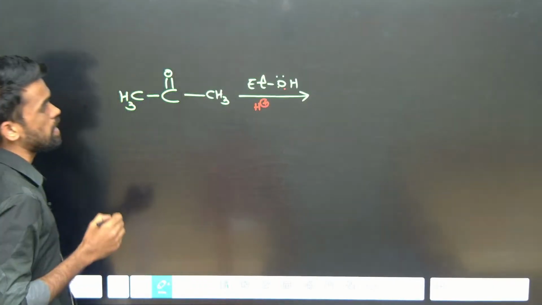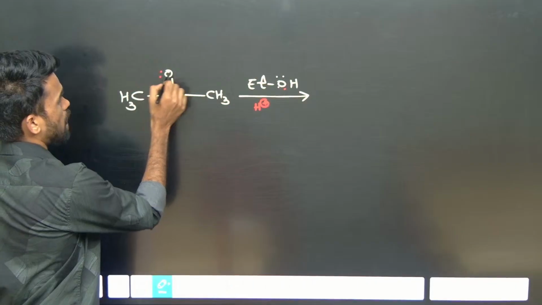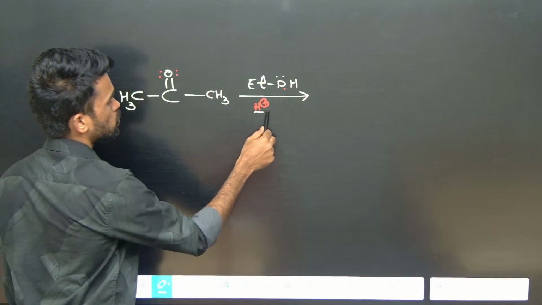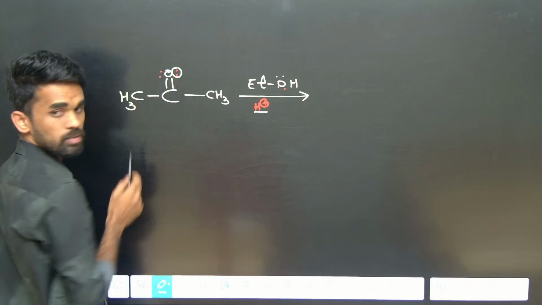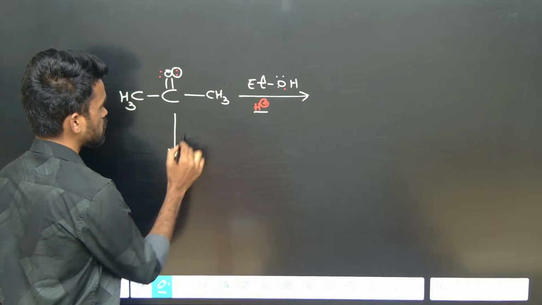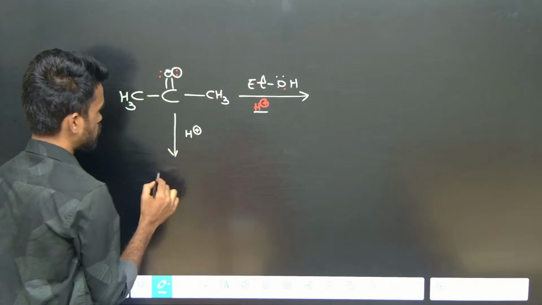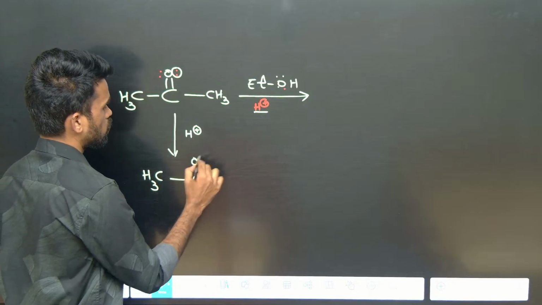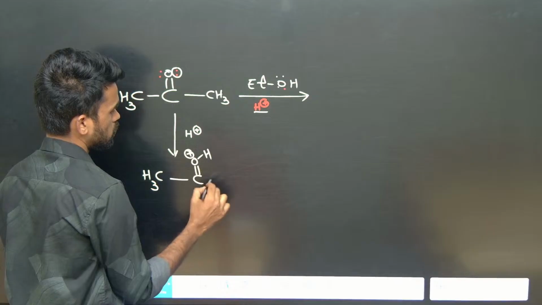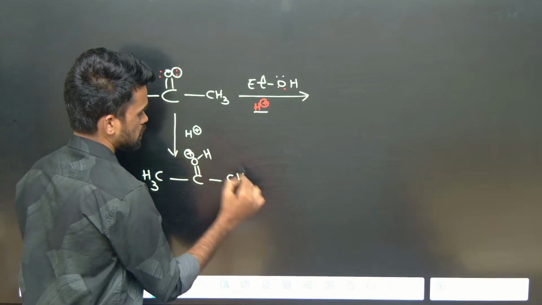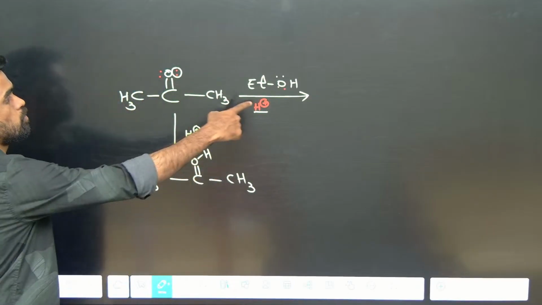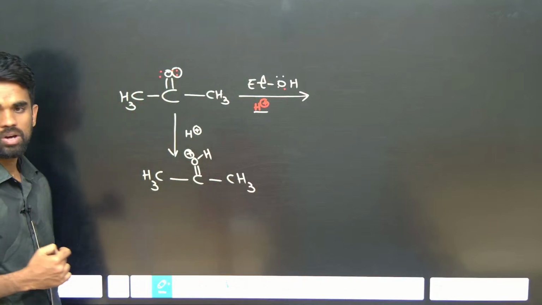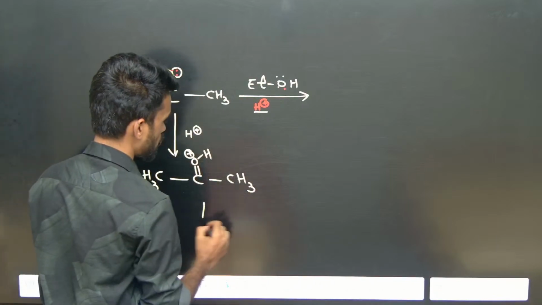So now what happens is, whenever it is happening in acidic medium, this proton is taken by the lone pairs here. Okay, now tell me what happens? CH3, C, OH, CH3. Like this it will form first because the proton gets attacked by this oxygen lone pair. Next what happens?